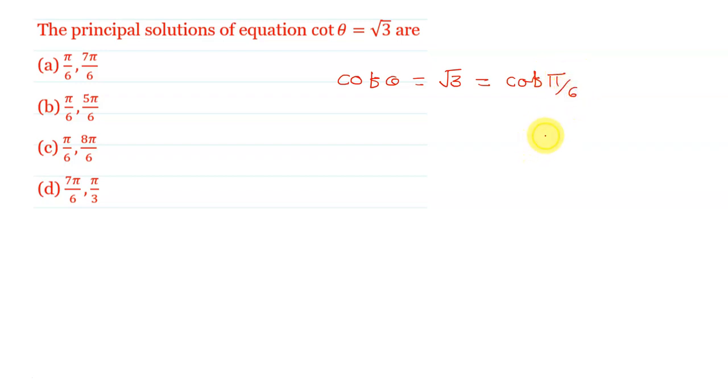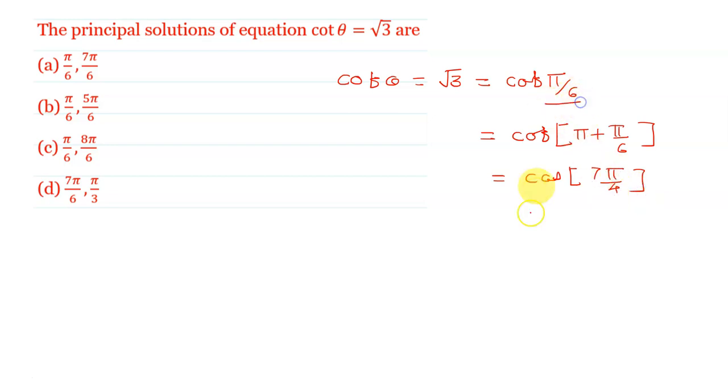Okay, cot of pi by 6, and this is equal to cot of pi plus pi by 6, and this is equal to cot of 7 pi by 6, and hence we have the two values.